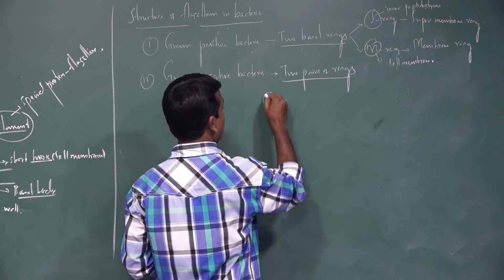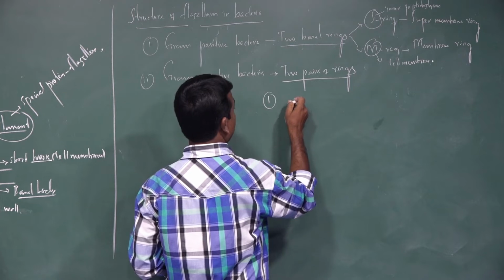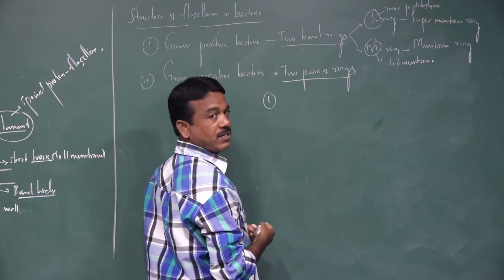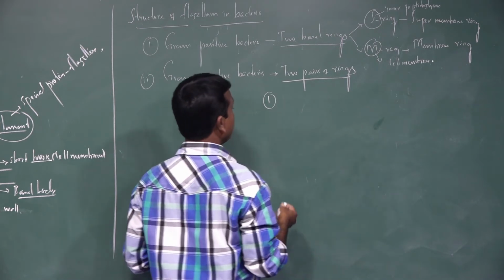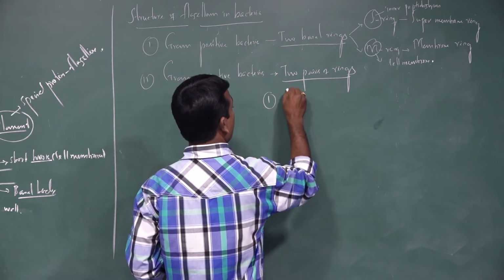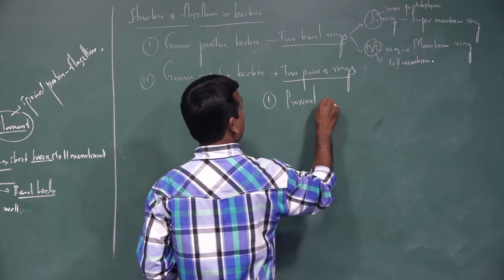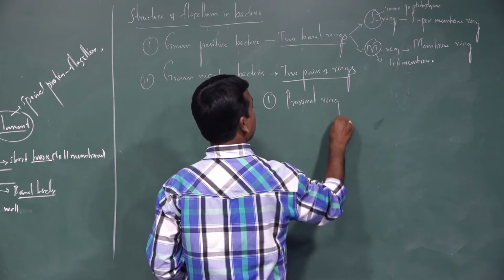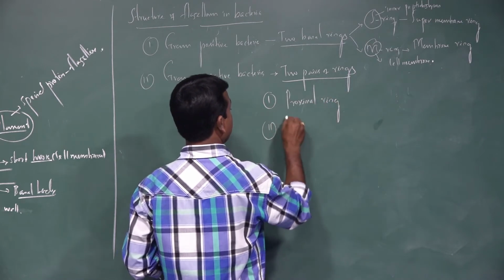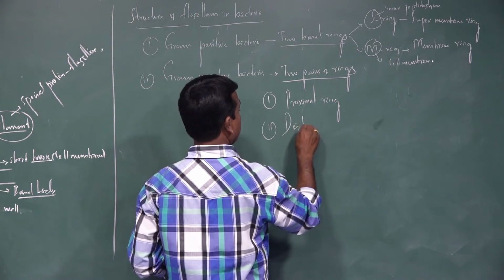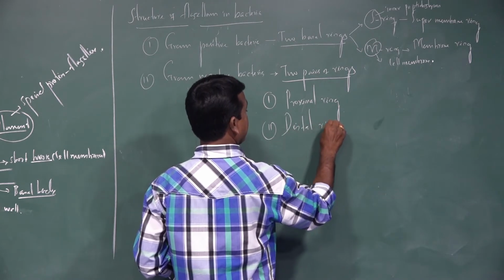The two pairs of rings can be classified into two types, namely proximal rings and distal rings.